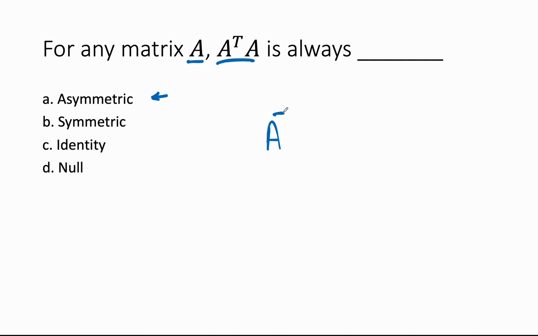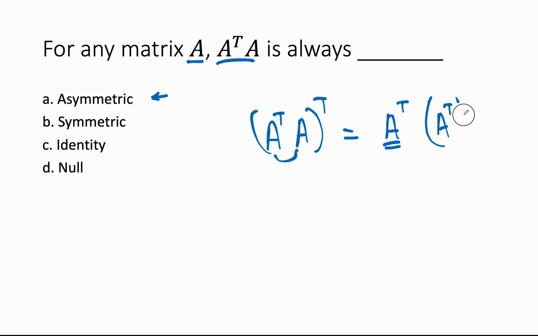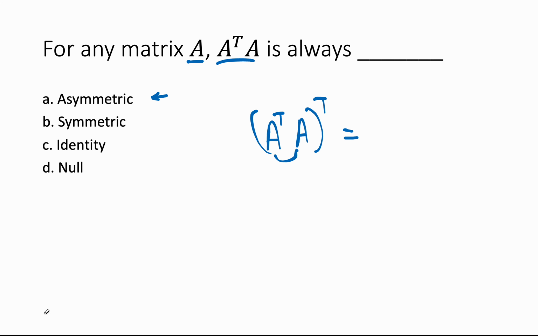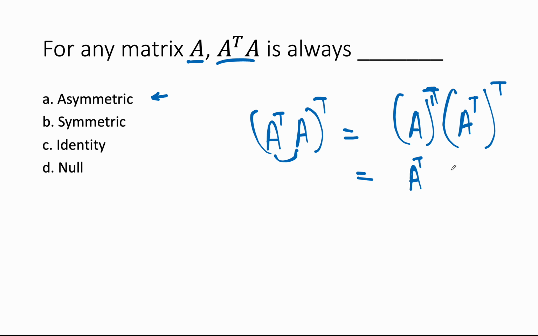We'll see that for A transpose A, if we take the transpose of this, the first thing we have to do is interchange the positions and then take the transpose of each one individually. So this will be A transpose, and this is nothing but A.